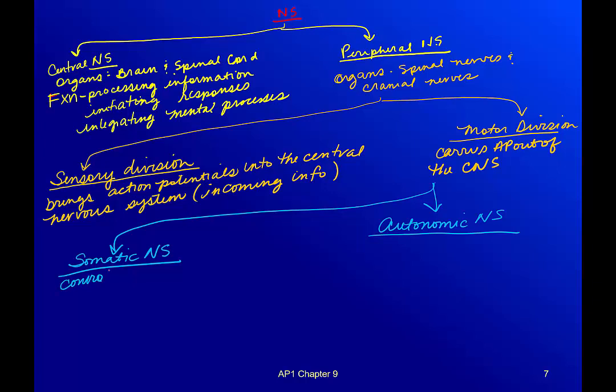So the somatic nervous system controls the voluntary movement of skeletal muscle. Whoa. Skeletal muscle.